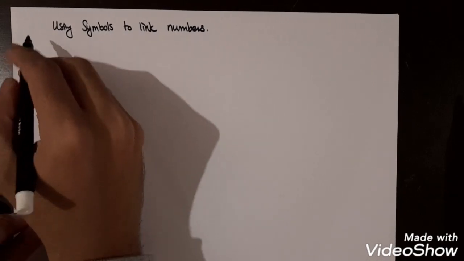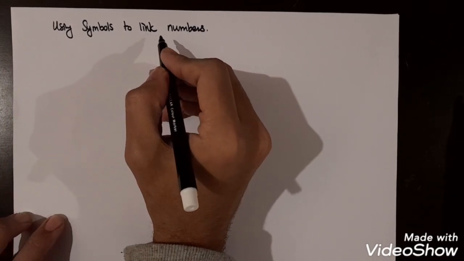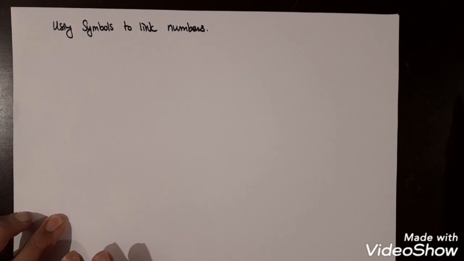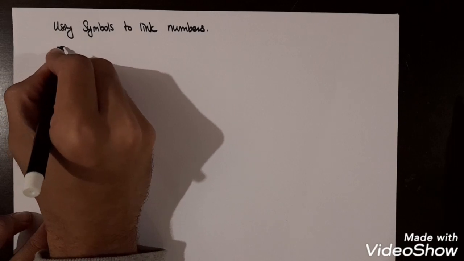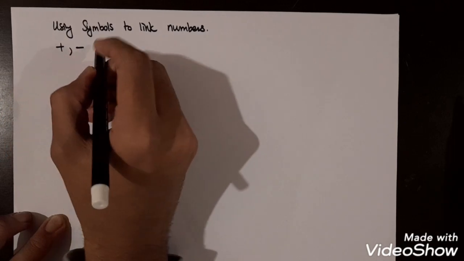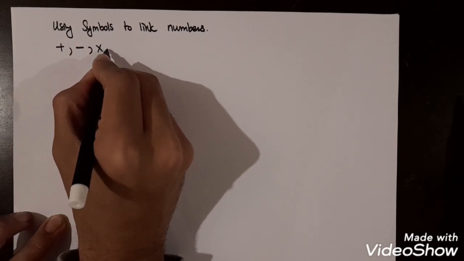So the second topic is using symbols to link numbers. Mathematicians use numbers and symbols to write mathematical information in the shortest and clearest way possible. The symbols that are used are plus, minus, multiplication, and division.